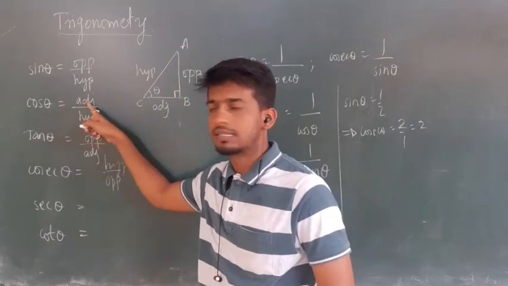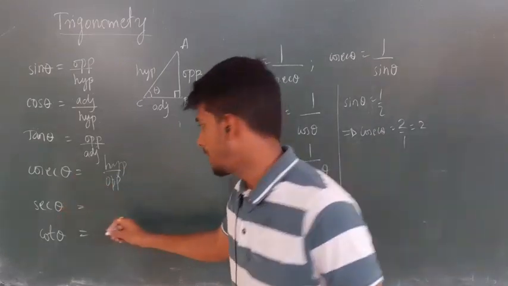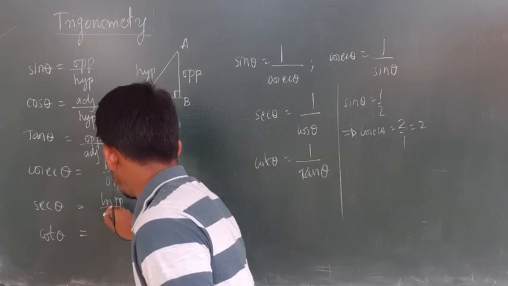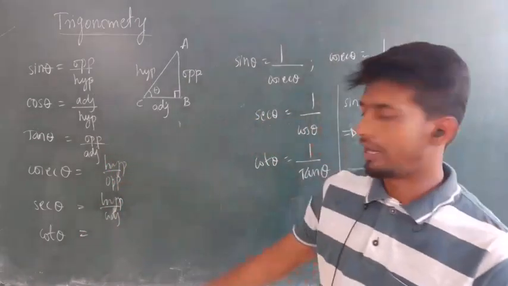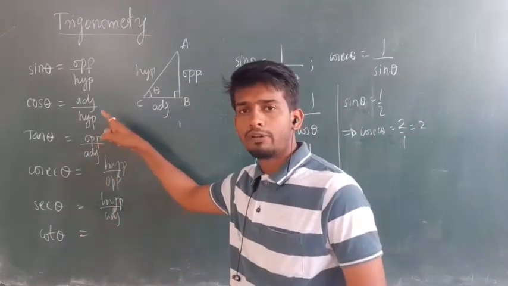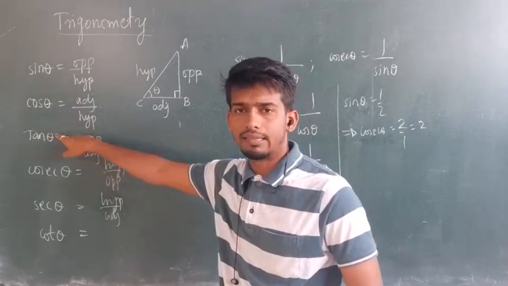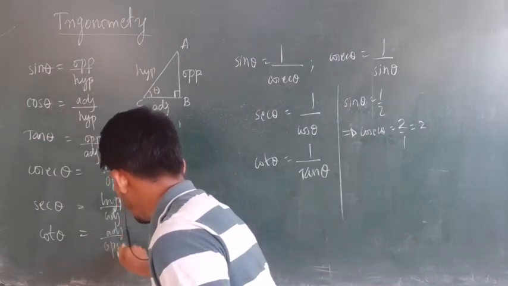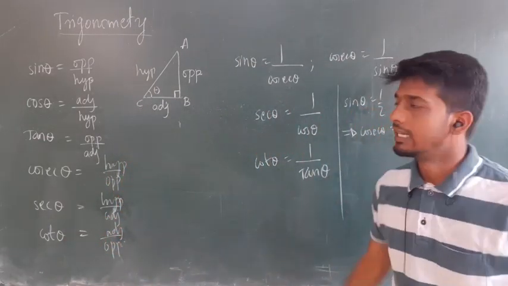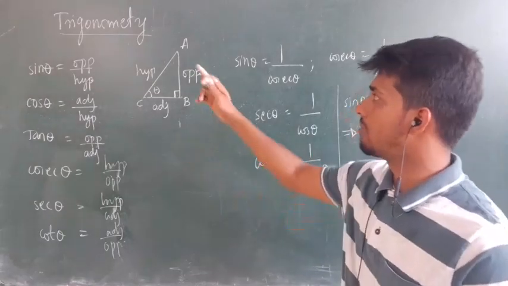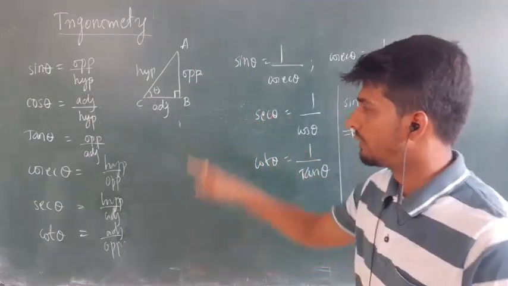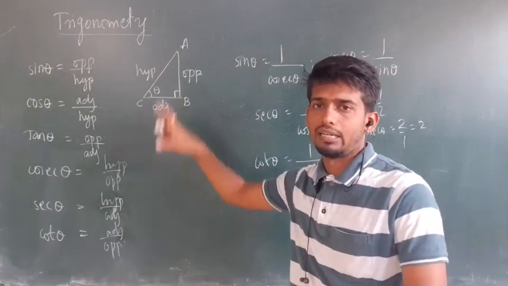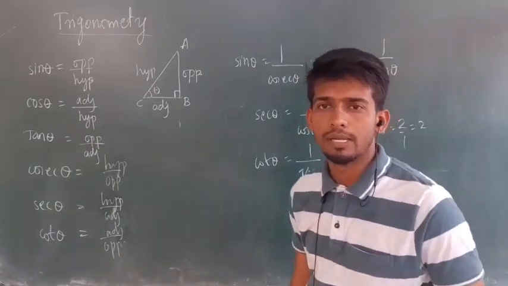Cos theta is adjacent divided by hypotenuse, so sec theta will be hypotenuse divided by adjacent. And finally cot theta, the reciprocal of tan theta. Opposite by adjacent is tan theta, so adjacent divided by opposite will be cot theta. These are the functions which come under trigonometric ratios. With the help of these, we will be able to measure the sides of the triangle.